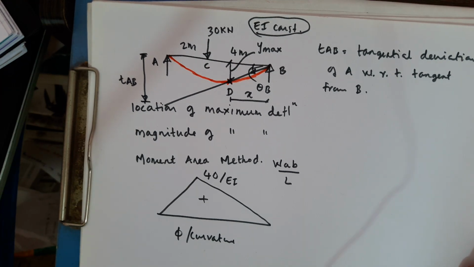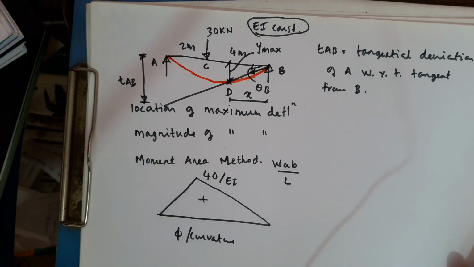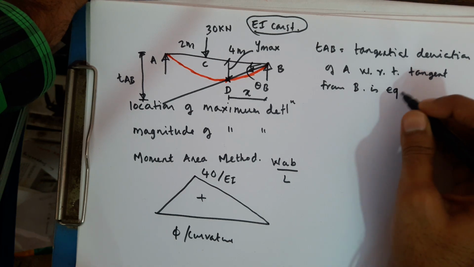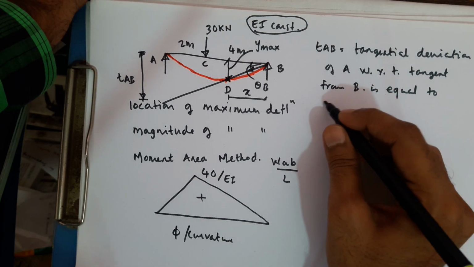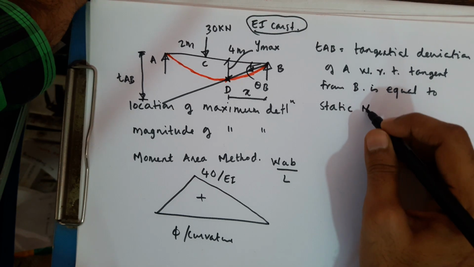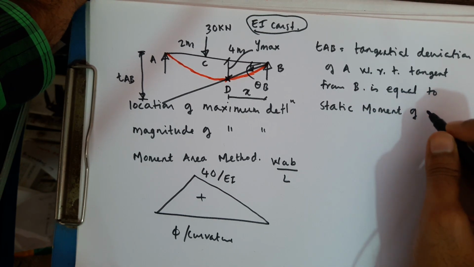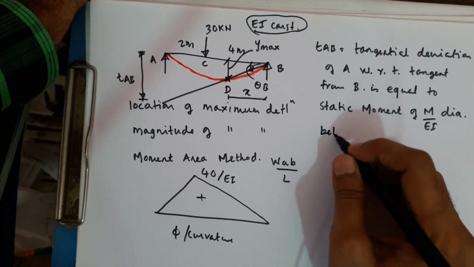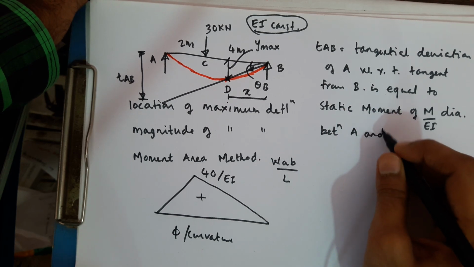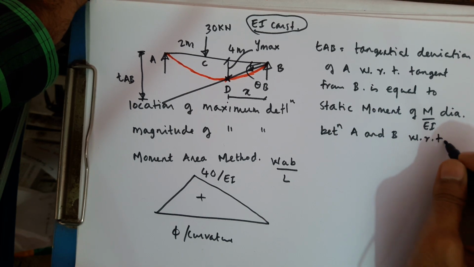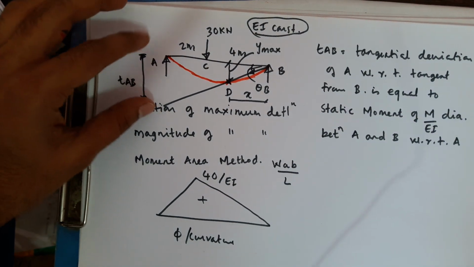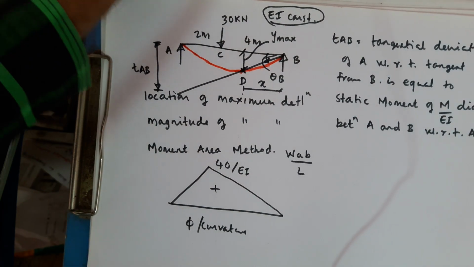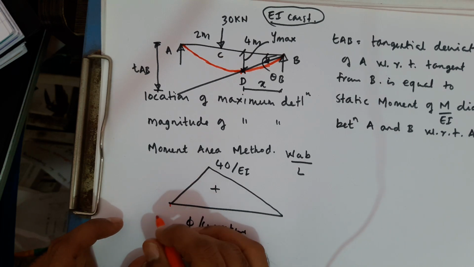We know we have theorem 2, which states that the tangential deviation of A with respect to the tangent from B is equal to the static moment of the M by EI diagram between A and B with respect to A, because we are calculating the deviation of A. We have to calculate the moment of this M by EI diagram with respect to point A.